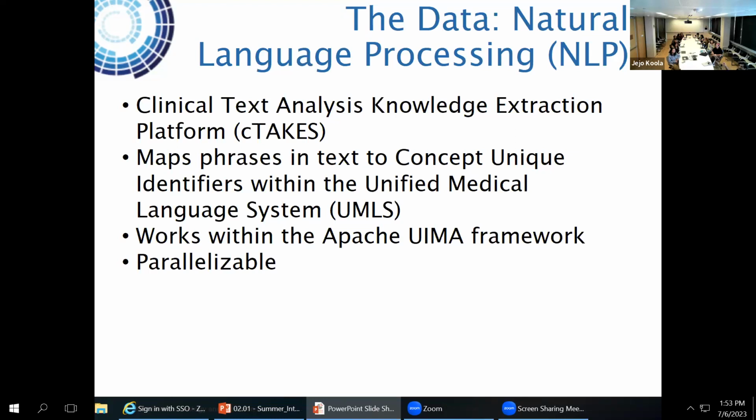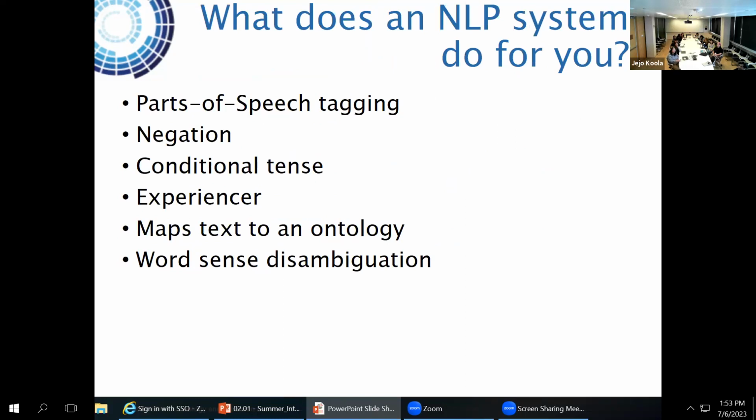One natural language processing platform is relatively popular because it's open source and free, and it's been around for a decade or so. It's called cTAKES. The UMLS, the next thing there, is not a natural language processing system, but it's one of these hierarchies that we use to store information, like the ICD system and that kind of stuff.